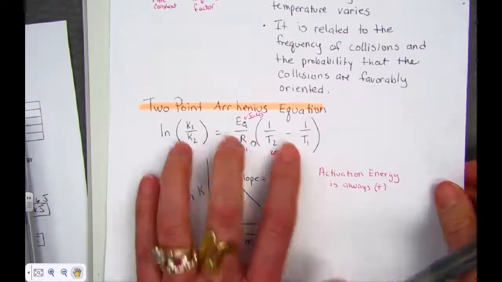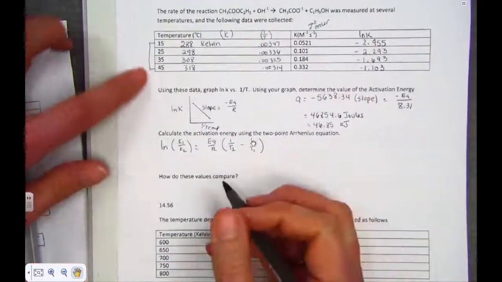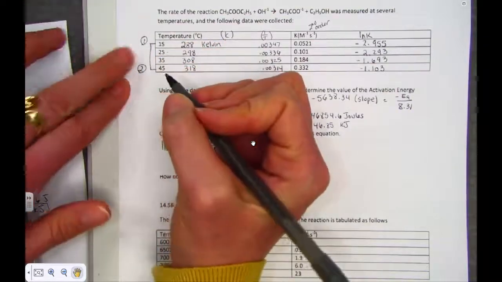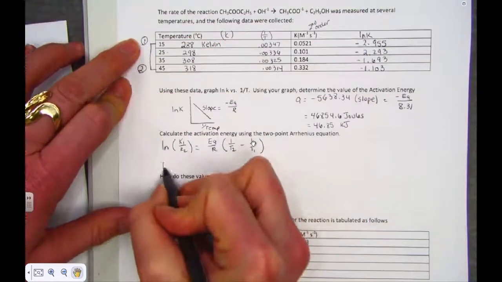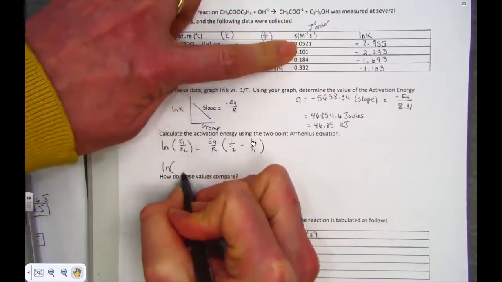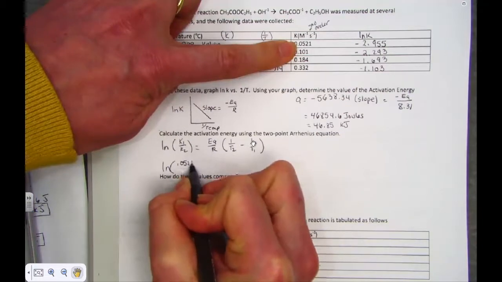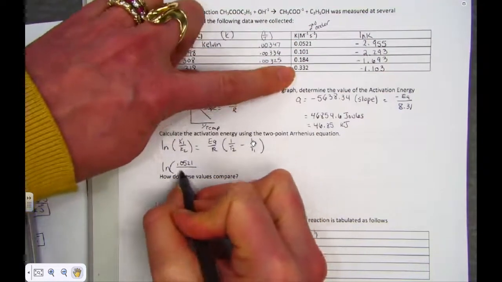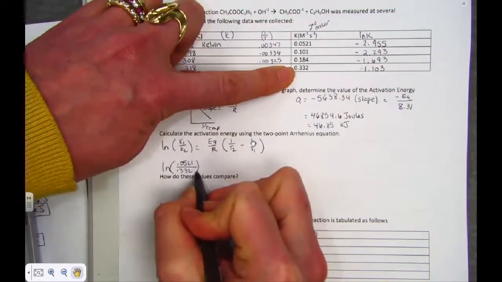So instead of graphing, we'll plug numbers in. Let's call this trial 1, and this will be trial 2, just kind of the farthest points possible. So the natural log of K1, 0.0521, over K at time 2 here, 0.332.